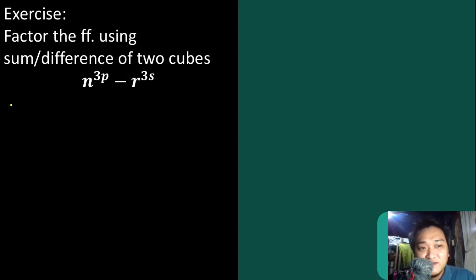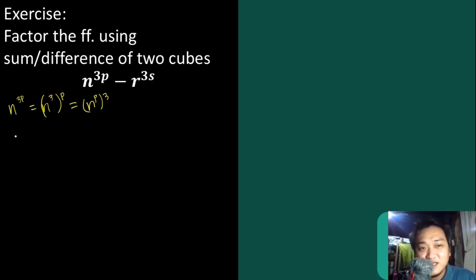So, if you have n raised to 3p, that is the same as n raised to 3 raised to the power of p, another power of p, that is also equivalent to n raised to p raised to another power of 3.